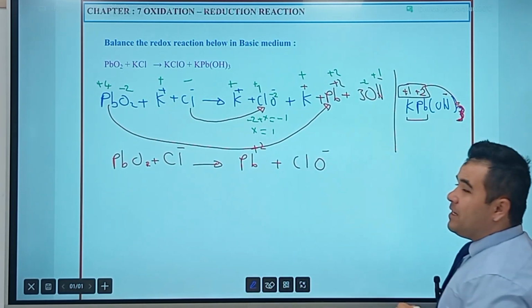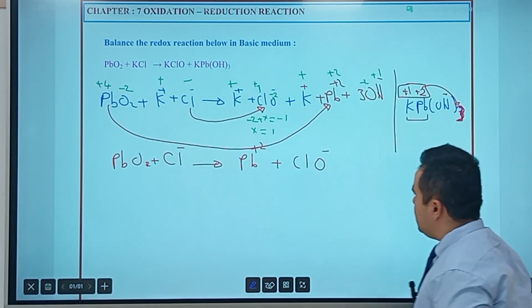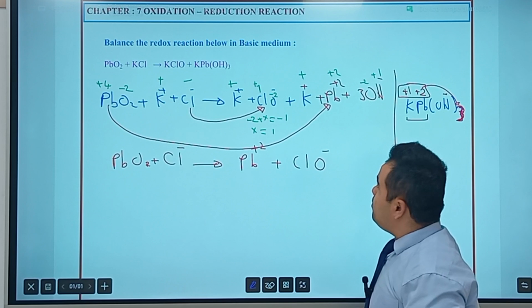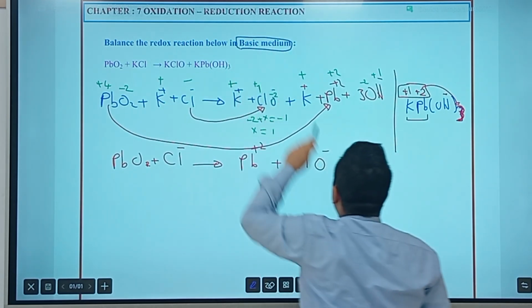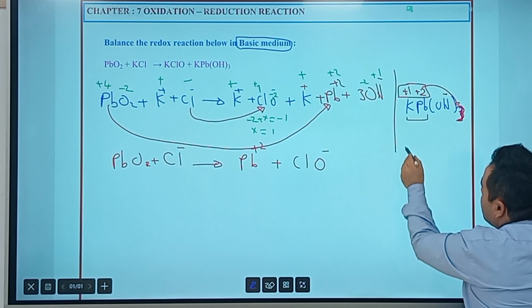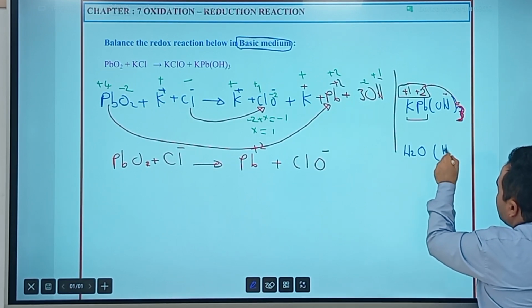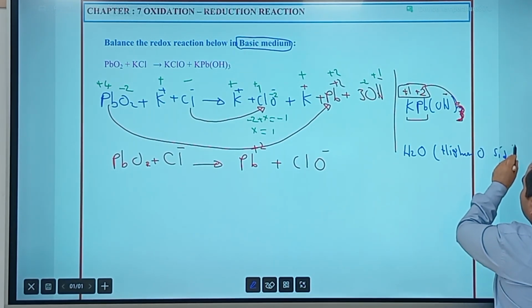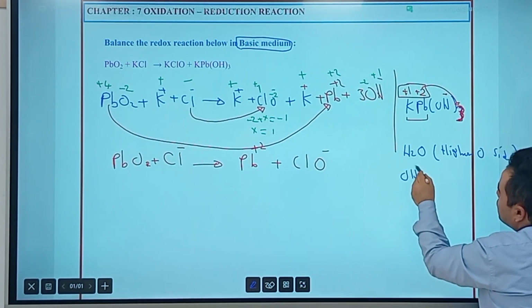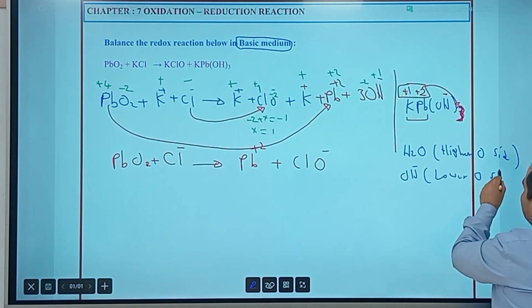What to do next is to take each of the halves and balance the atoms and the ions, but prior to that we have to know it's in basic medium. In basic medium, H2O must be added to the higher oxygen side, and OH must be added to the lower oxygen side.